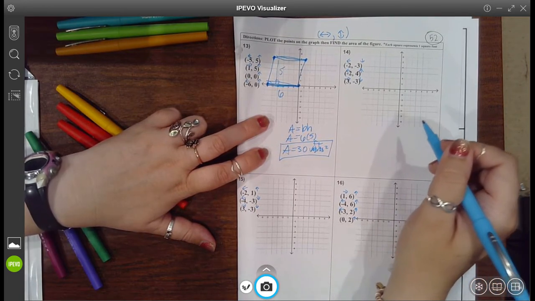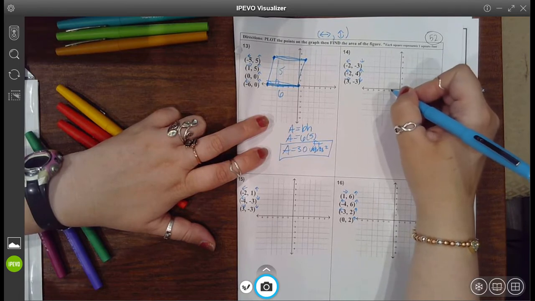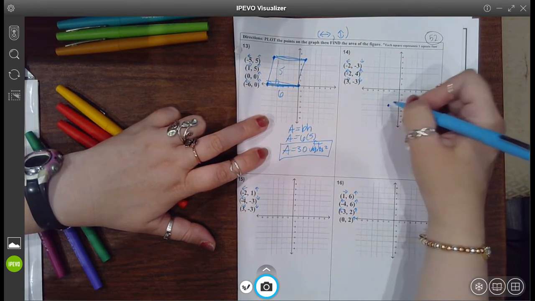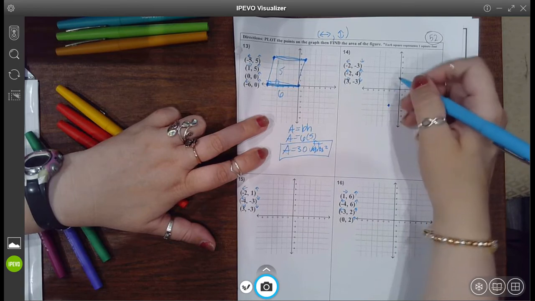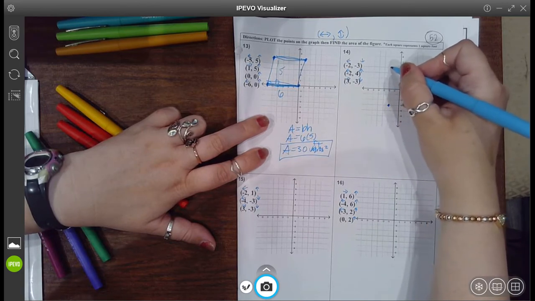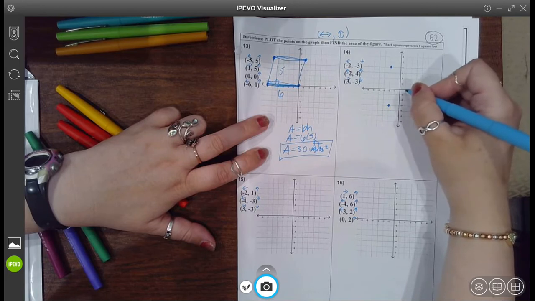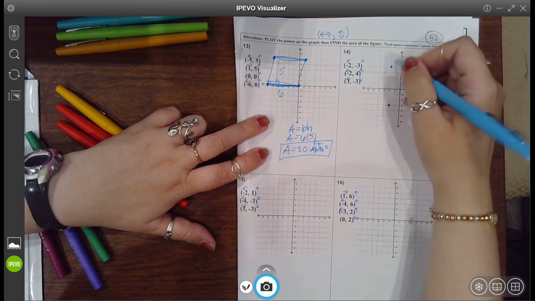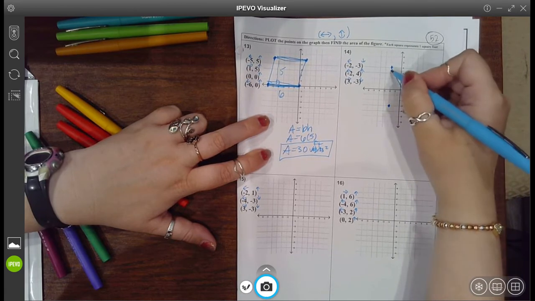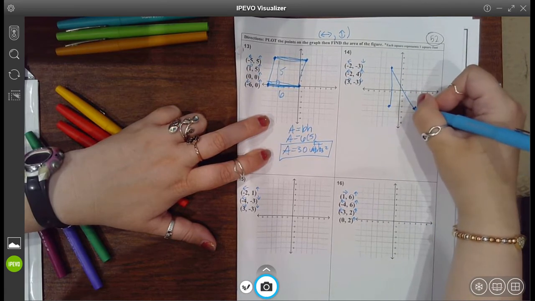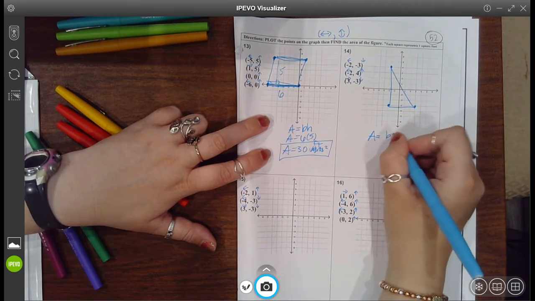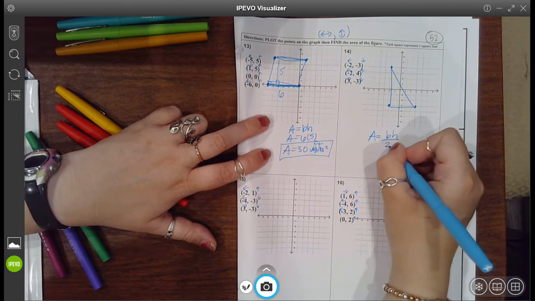Okay, this next one, you have 2 to the left and 3 down. 1, 2, 3. And then 2 to the left and 4 up. 1, 2, 3, 4. And then 3 right and 3 down. Connect those, and there's only 3 points, so it should make a triangle. Okay, and the formula for area of a triangle is base times height divided by 2.